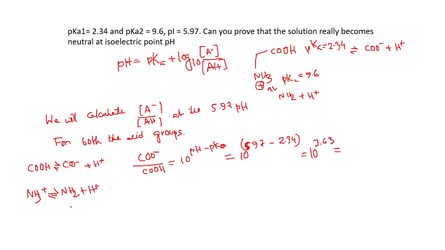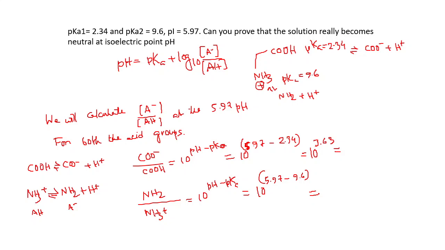For this, this is the A minus and this is the HA, right? So NH2 by NH3 plus concentration would be 10 to the power pH minus pKa again. This pKa is 9.6, so 10 to the power 5.97 minus 9.6.